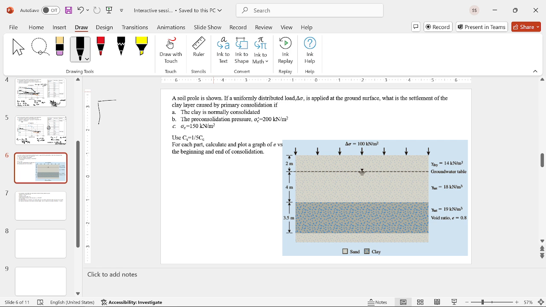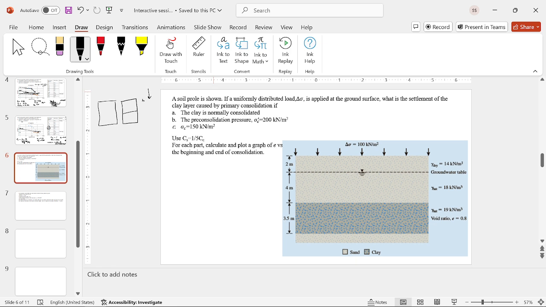Like if this is a soil sample and this is its phase diagram, it will have some solids and it will have some voids. And with consolidation, what happens is the void space is reduced while the solid space remains the same. And completely consolidated, it will have minimum number of voids.